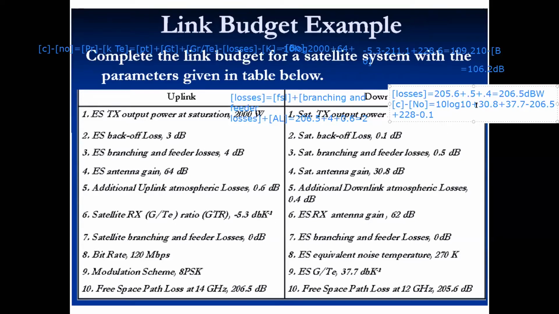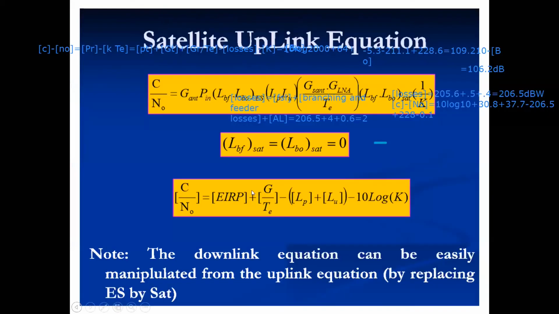I have considered this in PTGT. The receiving antenna gain and the noise TE, that is G by TE, I have considered 37.7. ये था ना हमारा इक्वेशन. आप एक बार फिर से देख लीजिए इक्वेशन. PTGT receiving antenna का minus losses minus this minus the back off.